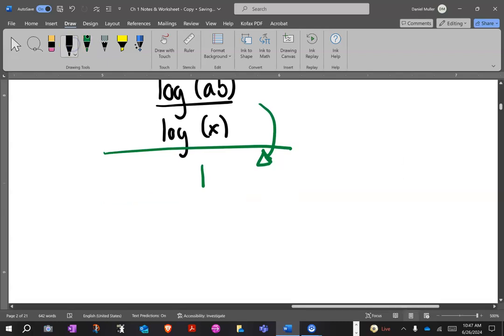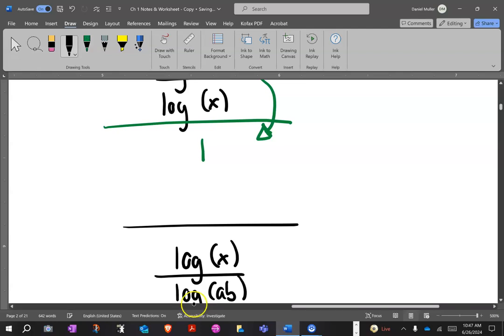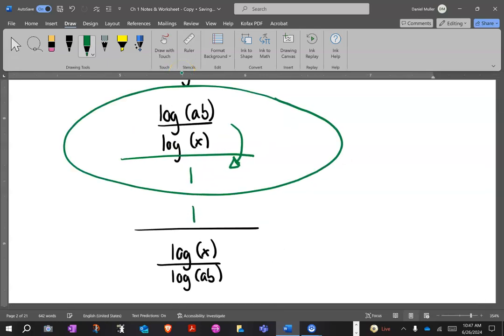So I'm going to have this get flipped. So log x will be on top, and log ab will be on bottom. And I guess that just means we've got a 1 left up here. So that's a really weird thing where I'm taking the numerator and flipping it and bringing it down, but there is no down. I have to create the down. I have to write it over 1.